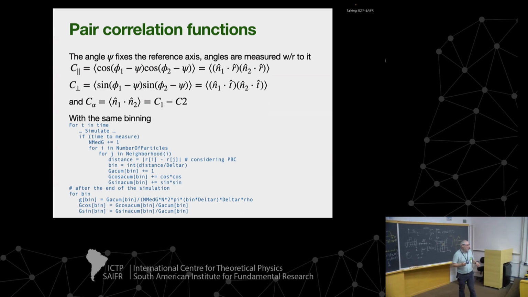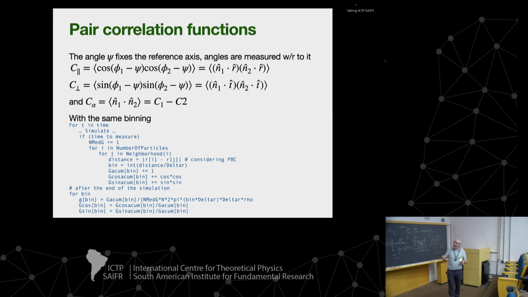So we do binning. When it's time to measure, you increment the number of measurements. Yes, you run over all pairs. You compute the distance. You compute which bin you are considering. You accumulate for the number of pairs. You accumulate for the cosine, cos, I'm not writing everything here, I just put cos, you understand what I mean.